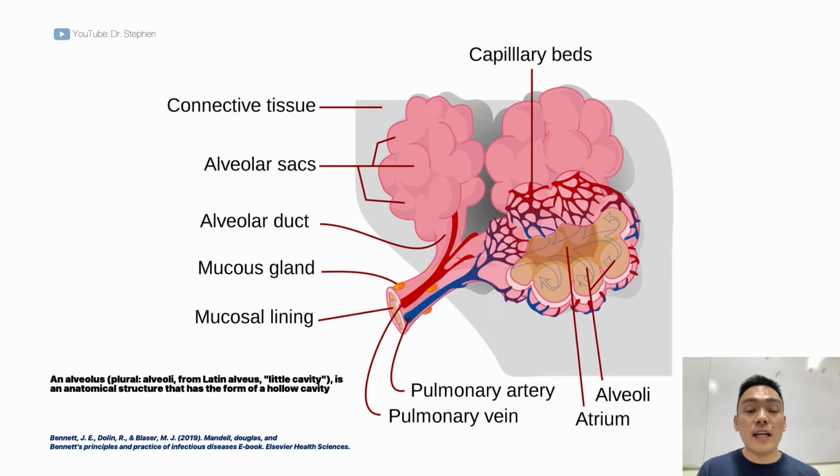As a result, alveolar epithelial cells rely on their intracellular defenses and stimulate the production of type 1 IFNs, or interferons, to prevent the further spread of infection. So your alveolus here forms a hollow cavity, which is non-ciliated and doesn't have mucus.